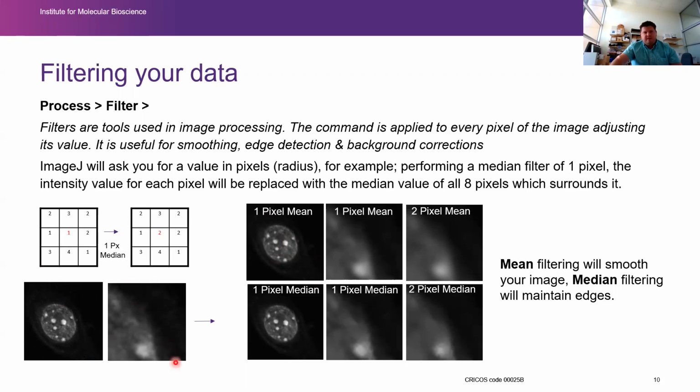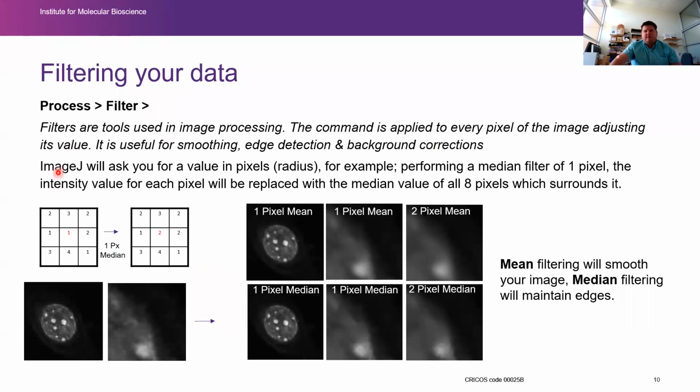When you zoom in, it's not perfect, but we want to smooth that out before we start making our selections. The easiest way to do that is to perform a filter. It's a mathematical equation that's performed on all of the pixels of the image, and it's useful for smoothing, getting edges, and background corrections in the image.